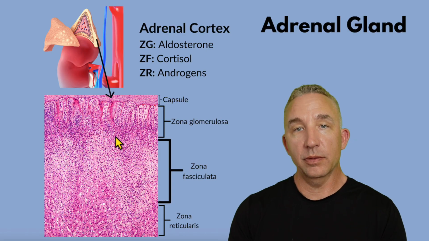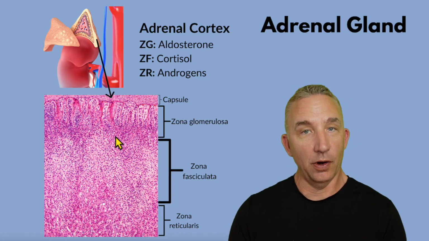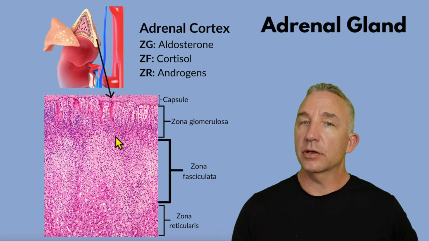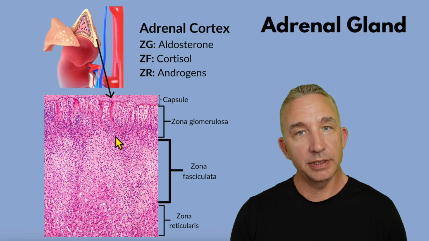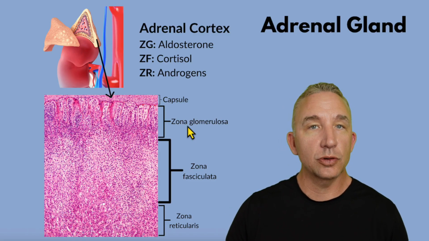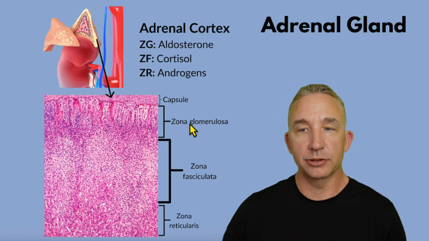The more sodium we have within the blood, the more water we retain. That increases the volume, which increases our pressure, which increases our blood pressure. Sodium is very important for a lot of the mechanical movements of membrane potentials within our body. So aldosterone is controlling our sodium, but it's increasing the sodium levels within the bloodstream.